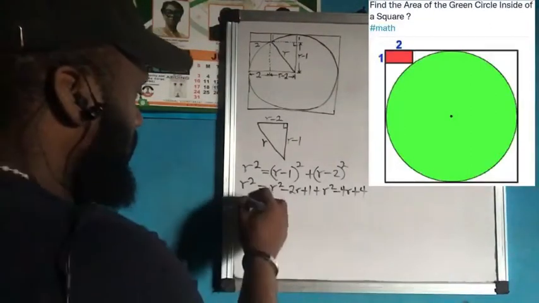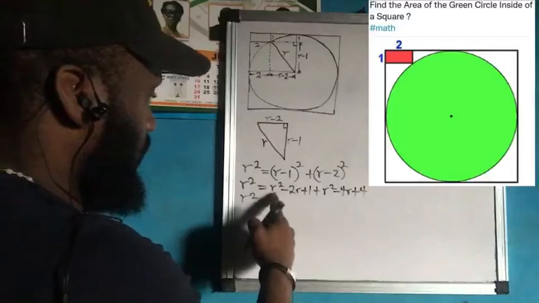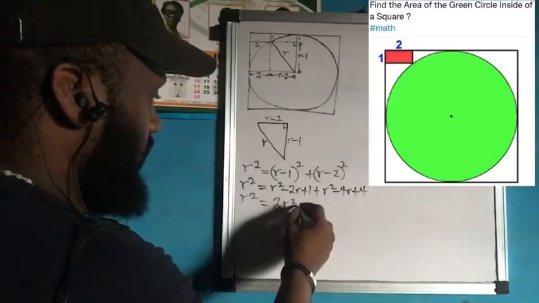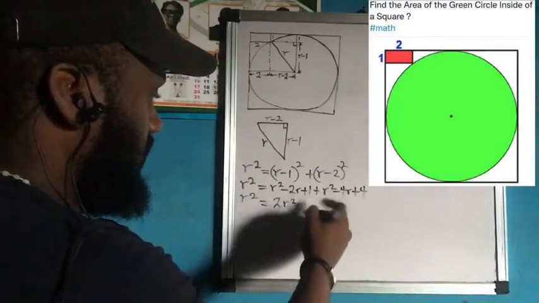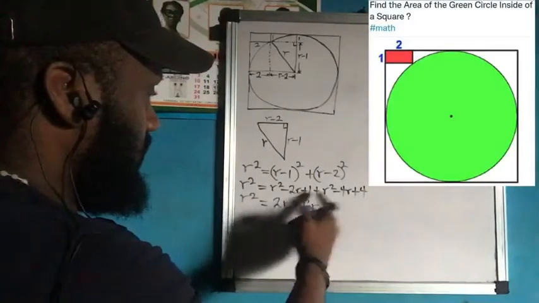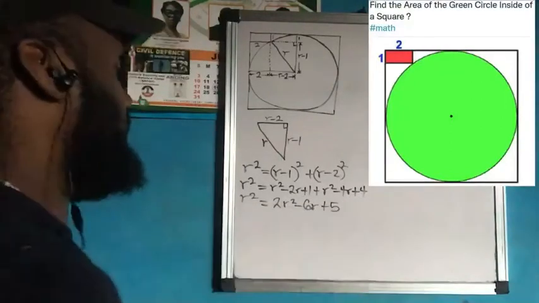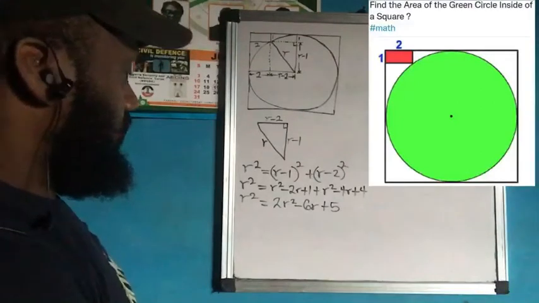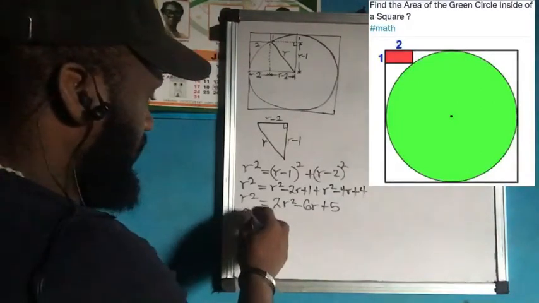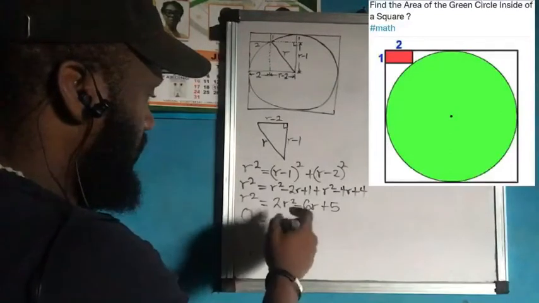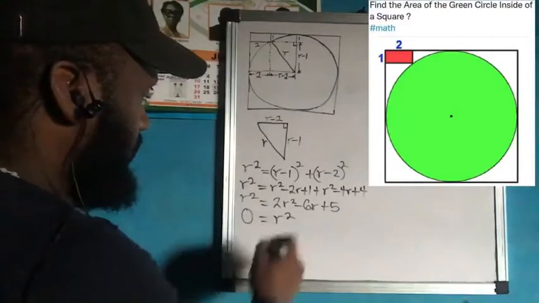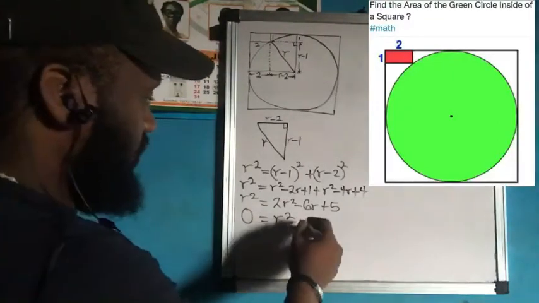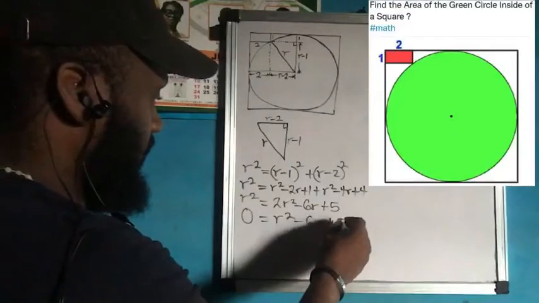So r squared will be equal to, if you collect like terms, 2r squared minus 6r plus 5. Then if you bring this one over here, it becomes 0 equal to 2r squared minus r squared, and we'll be left with r squared minus 6r plus 5.